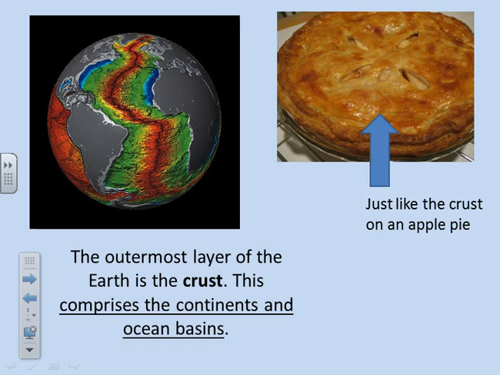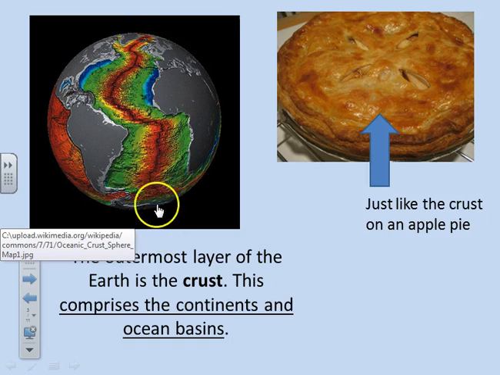In this graphic on the left, you will notice that there is this line that runs from the north to the south pole. Take a look at what continents these are and identify them in your head. Okay, and then notice what ocean this is on the bottom of.